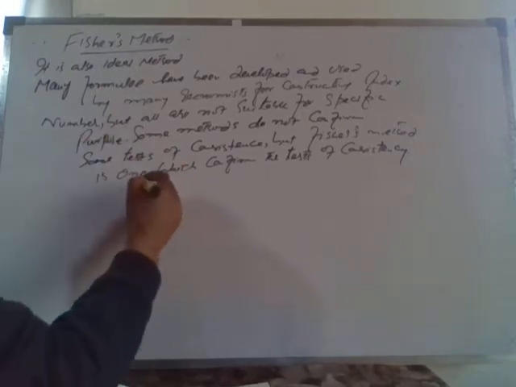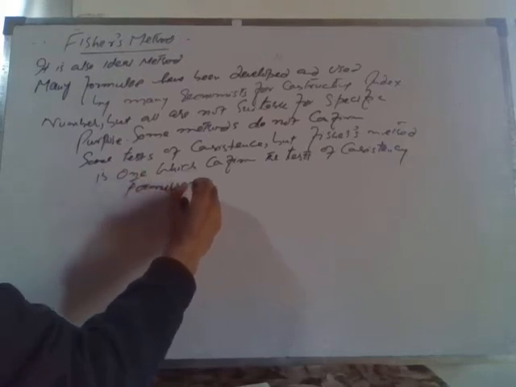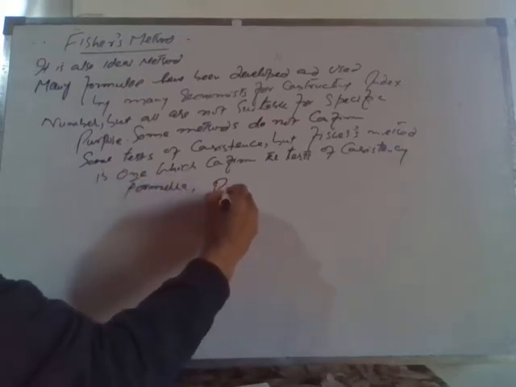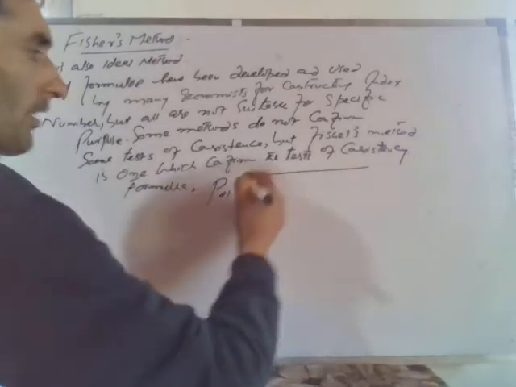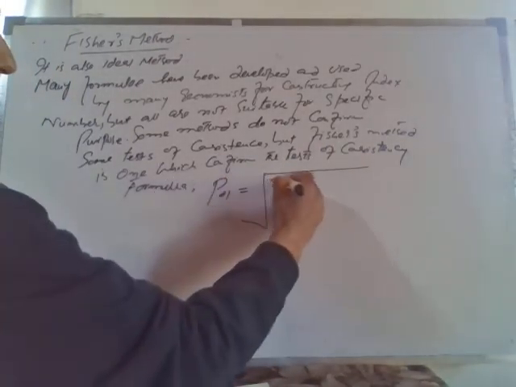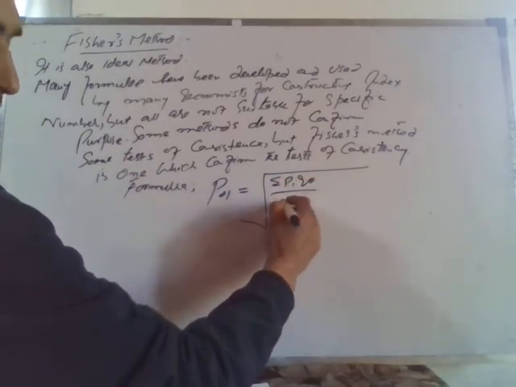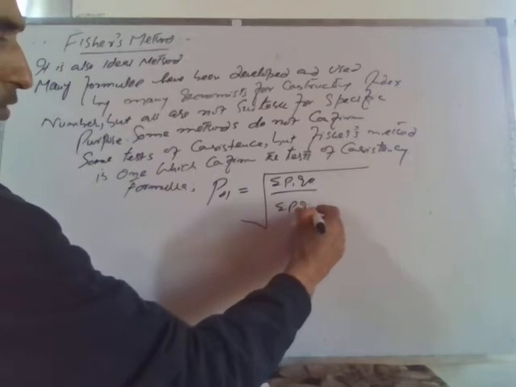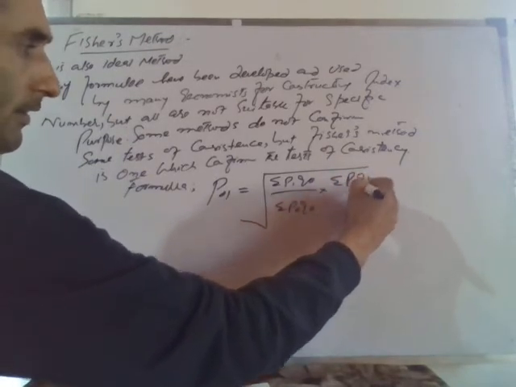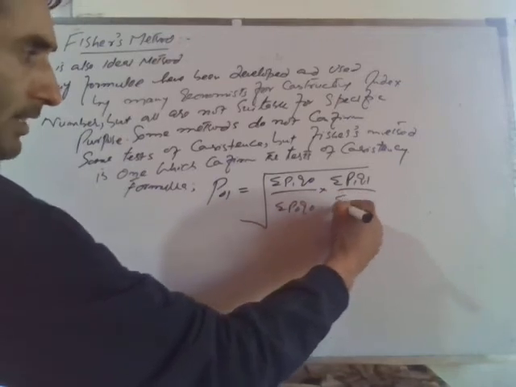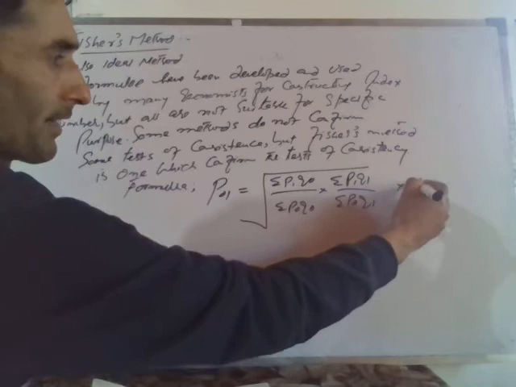The formula for Fisher's method is P01 is equal to the square root of summation P1 Q0 divided by summation P0 Q0, into summation P1 Q1 divided by summation P0 Q1, into 100.